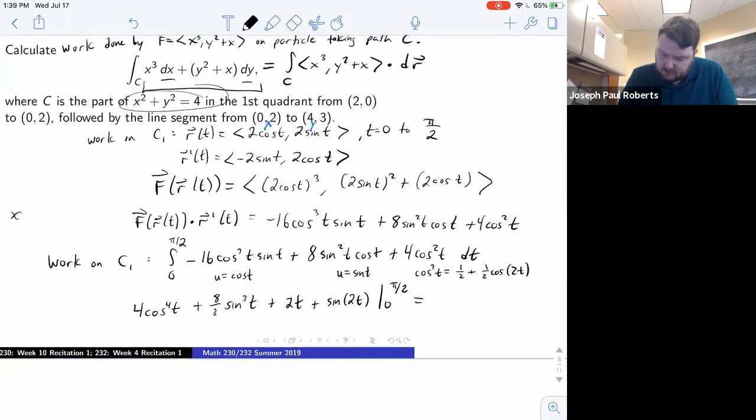And so, okay, we're going to get 8/3 plus pi. And then at 0, we'll get minus 4 because cosine of 0 is 1, sorry. Cosine of pi over 2 is 0. So whatever, I'm just plugging in and subtracting. No big deal. Yeah, looks good. So that's our work on C1.